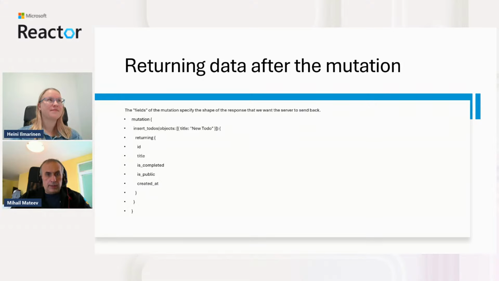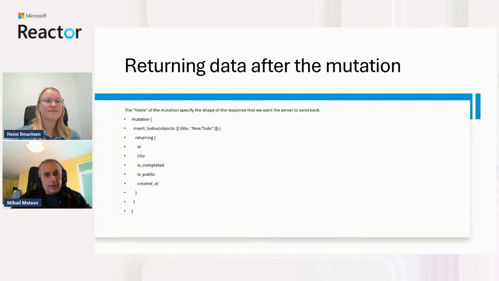You can control it. You can redefine the mutation design and data structure, and depending on the logic, you can make it return just part of the data, or an ID, or something different.